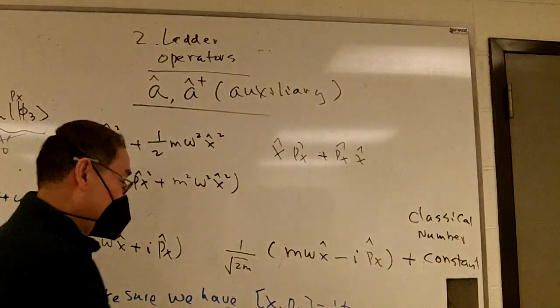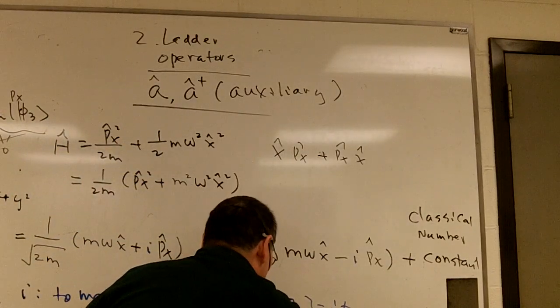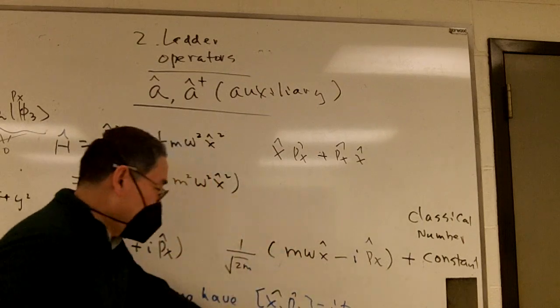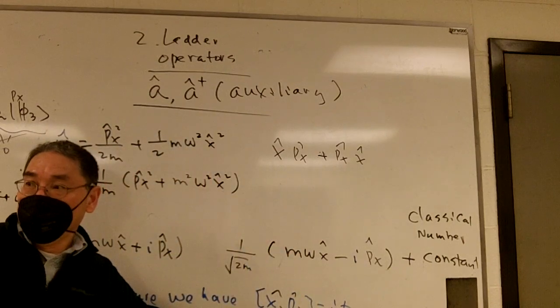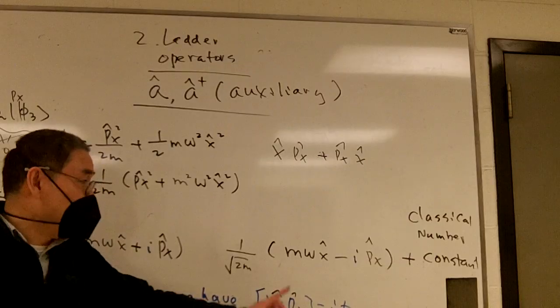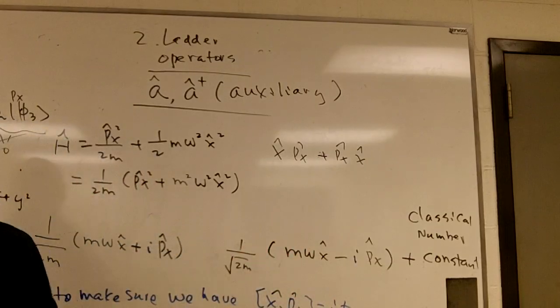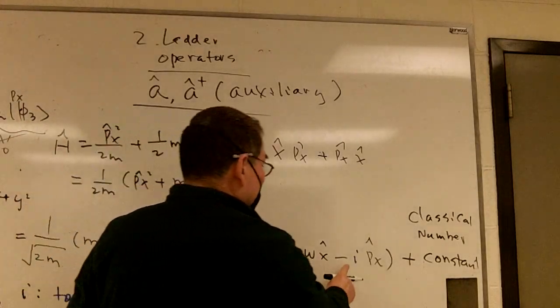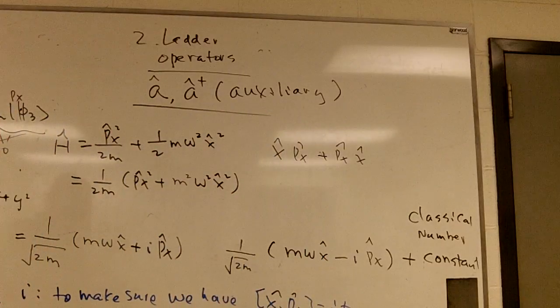But this term can, because this term is x px minus px x. Did you see I have a negative sign here? This negative sign is this negative sign. If you had the same positive sign, sorry, it won't work. So that's the main goal here, why we put this negative sign.